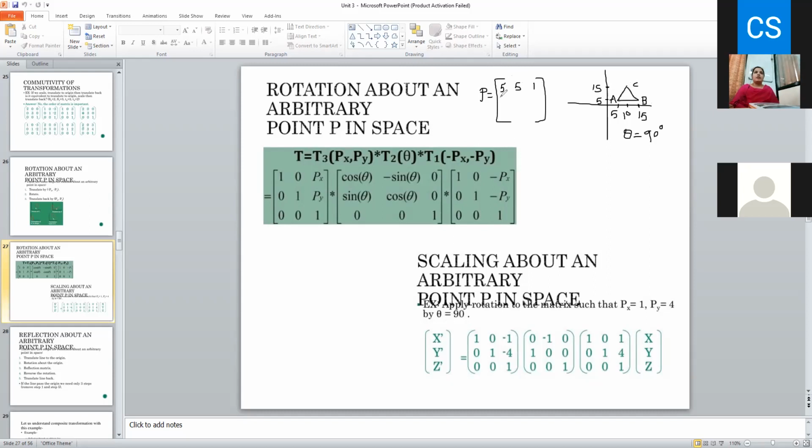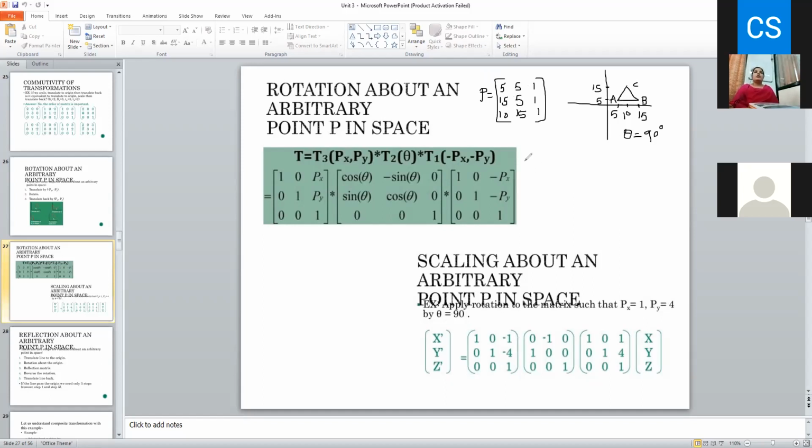Then point B is 15, 5 and 1 as it is. And point C is 10, 15 and H1. So this is your P matrix.